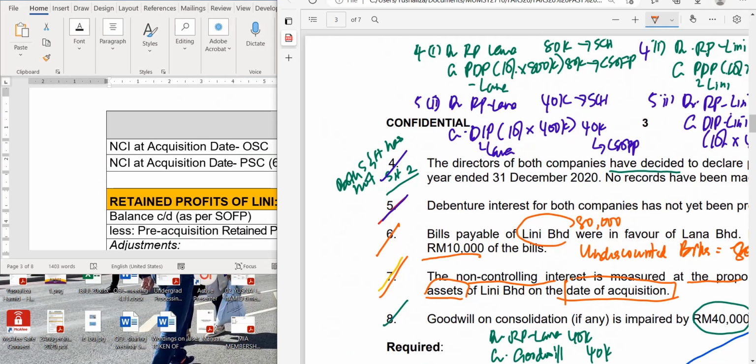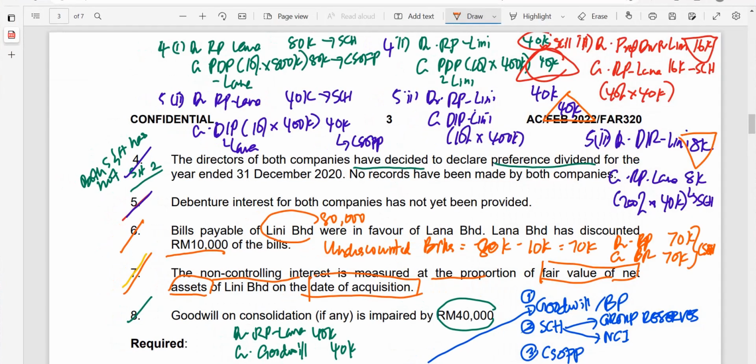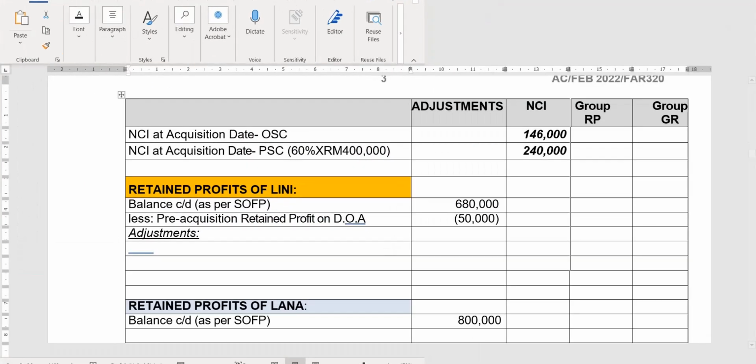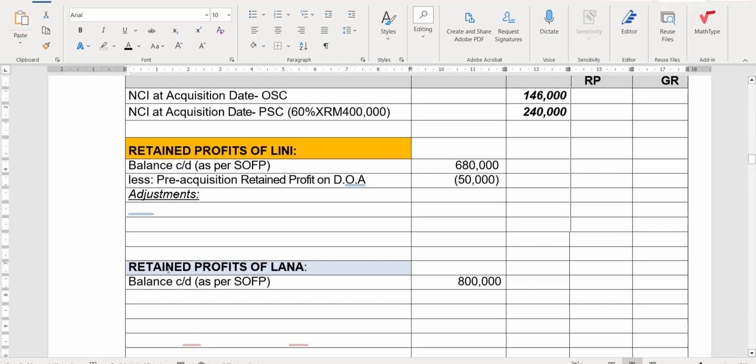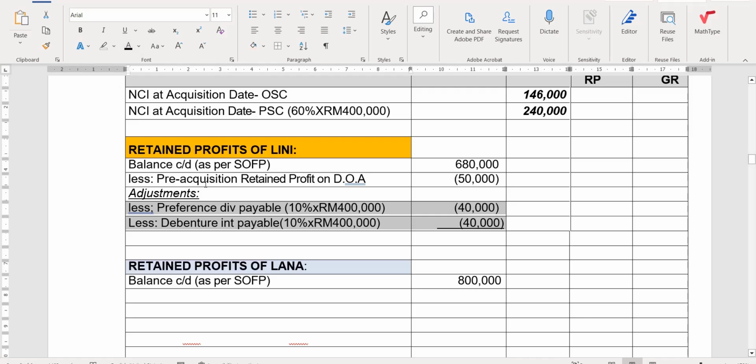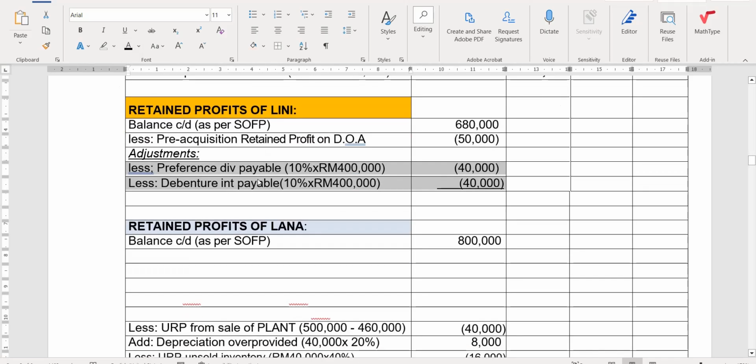You can put this side by side so it's easy for you. Okay, I might just maintain this. So let's look at the adjustment. Remember earlier we just did the adjustment on dividends, so I'm going to do the adjustment under Lini first to complete the schedule.